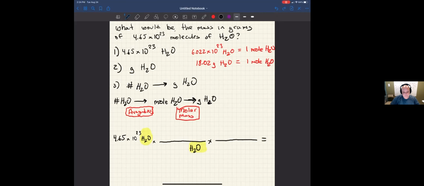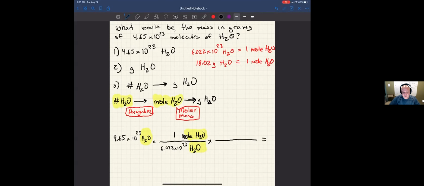So I want the number of water molecules there. And if I go back to my plan, I'm converting to moles of water. So I want to make sure moles of water goes in the numerator of this first conversion factor. I can use Avogadro's relationship to establish that. And that means that 6.022 times 10 to the 23rd goes on the bottom and 1 goes on the top.